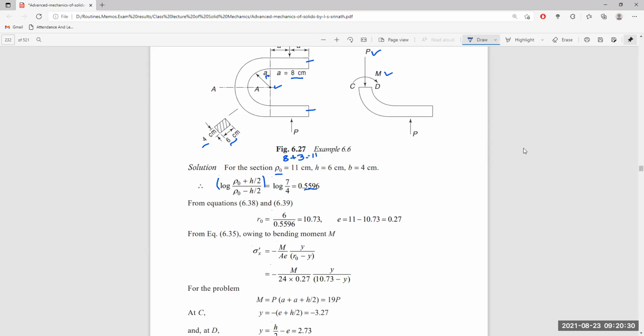E, the distance of the center of gravity to the neutral axis: R0 is the distance of the neutral axis from the center of curvature, and 11 is the distance of the CG from the center of curvature. So the difference between them is E equal to 0.27 itself.